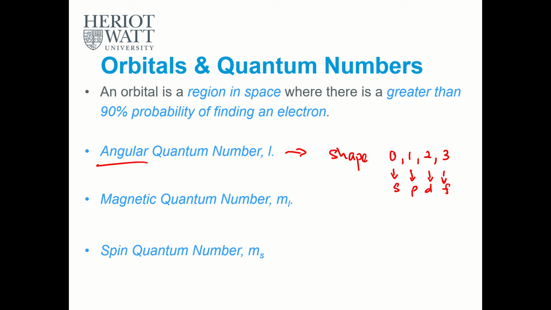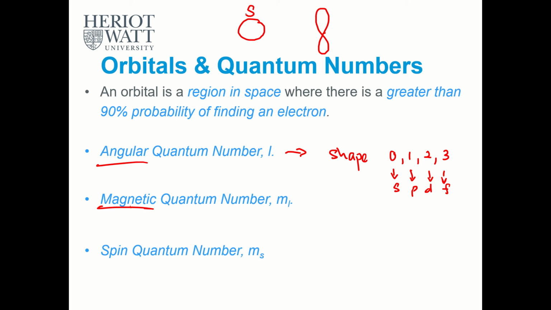So the first one defines the shape of the subshell or the orbital. The second quantum number we know as the magnetic quantum number. Now, the magnetic quantum number defines that each shape can have different orientations. Let's say I have a circle, that's one shape, and then I have a dumbbell shape, which I'm going to introduce later.